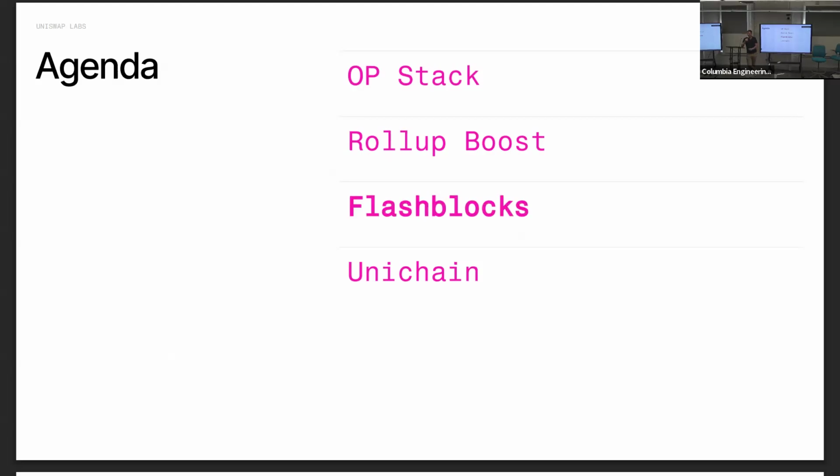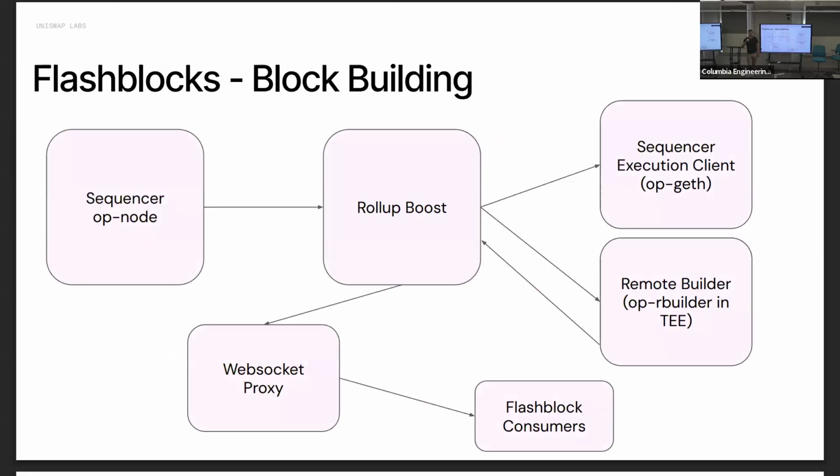Sweet. Flash blocks. How do we go even faster? Favorite diagram again. So now rollup boost, same thing, asks. What are we going right now? 200 milliseconds.